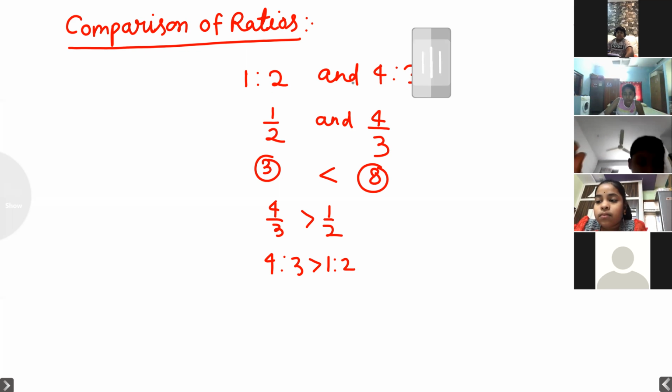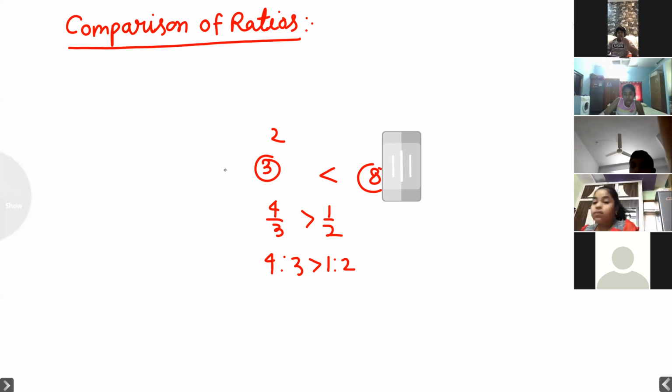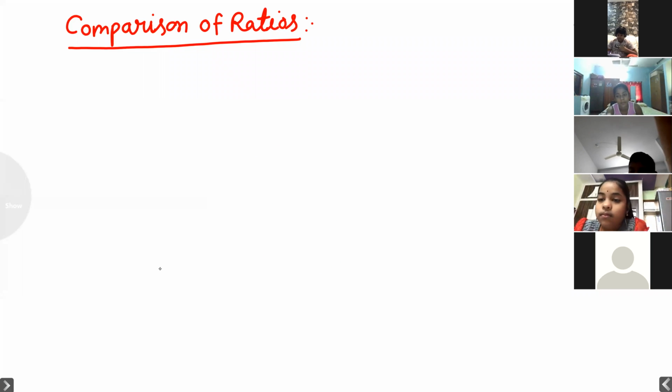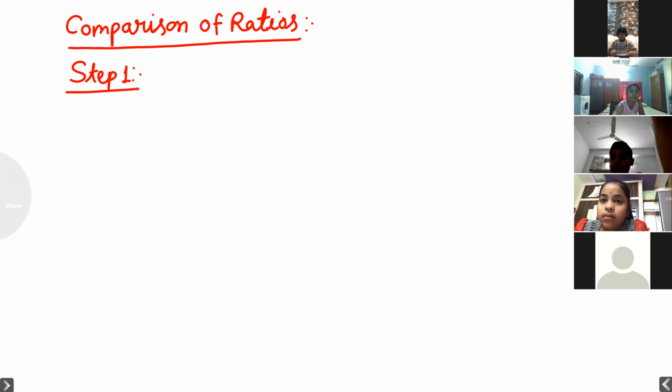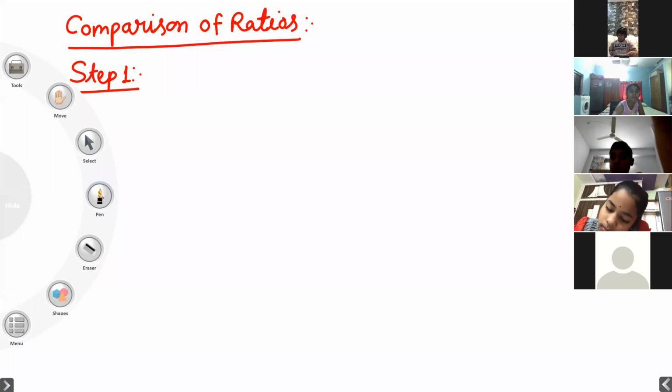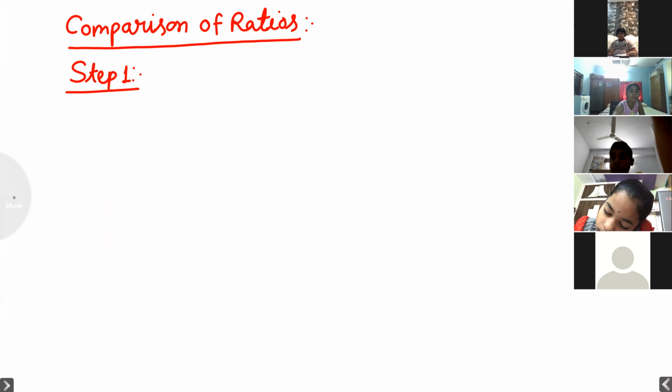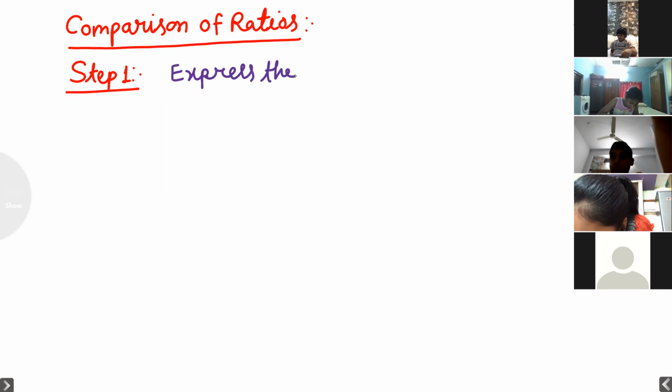How to compare ratios. Step 1: express the ratios as fraction.